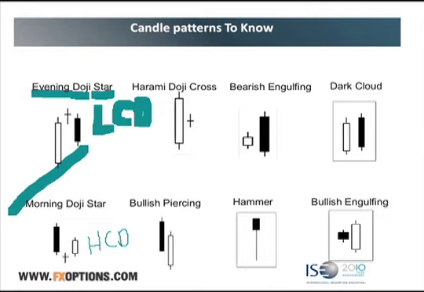And I did a webinar last week, and I'm going to share it with you all today. One of the techniques that I use in my computer programming is that I will give a little bit of leeway to the open-close relationship to give a definition of what exactly is a doji.